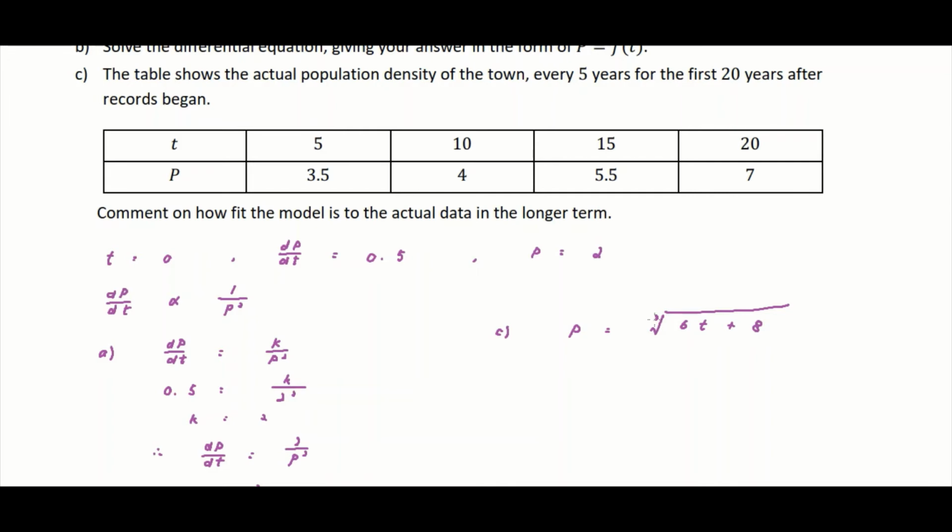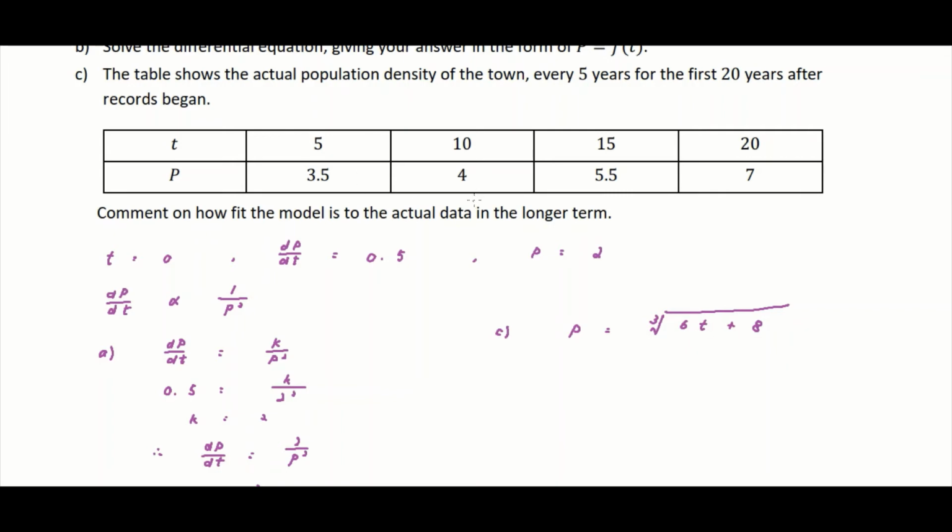This is the model that we use to make a prediction. When we substitute 0, we know that P is 8. When we substitute 2, you get P when t equals 2, and so on for t equals 5, 20, and so on.